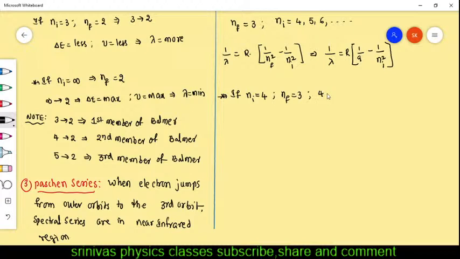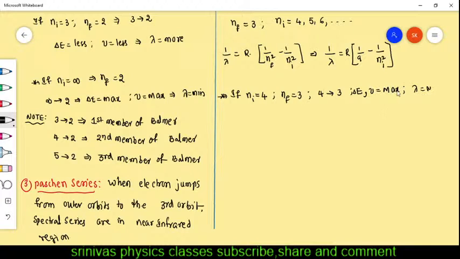If transition occurs from fourth to third, what happens? The energy and frequency will become maximum. Oh, wrong.